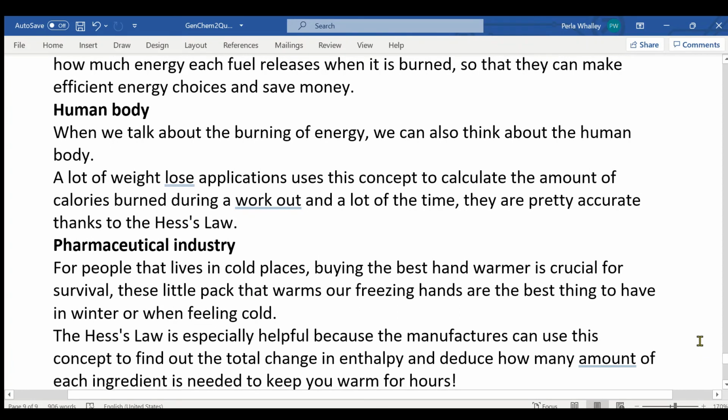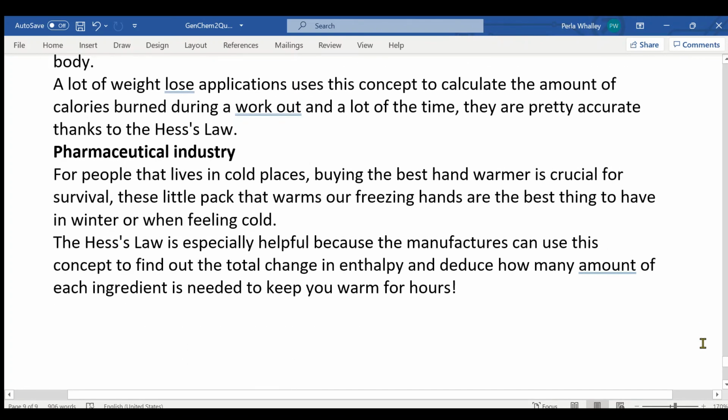The human body. When we talk about the burning of energy, we can also think about the human body. A lot of weight loss applications use this concept to calculate the amount of calories burned during a workout, and a lot of the time they are pretty accurate thanks to Hess's law. Pharmaceutical industry. For people that live in cold places, buying the best hand warmer is crucial for survival.